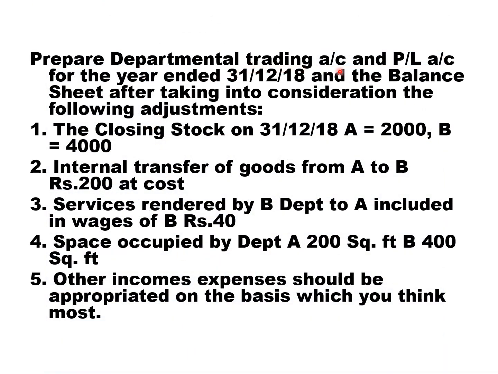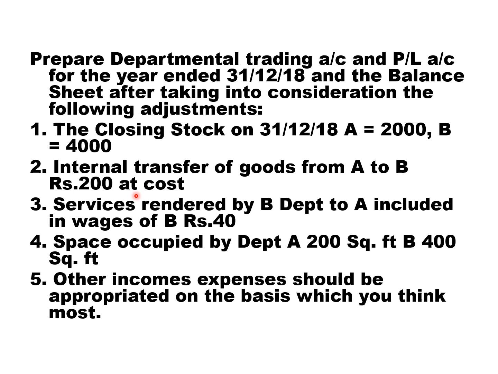Prepare departmental trading account and PL account for the year ended December 18 and the balance sheet after taking into consideration the following adjustments. The closing stock on 31/12/18: A's closing stock 2000, B's closing stock 4000. So it will come in trading account and balance sheet. Internal transfer of goods from A to B 200 at cost.